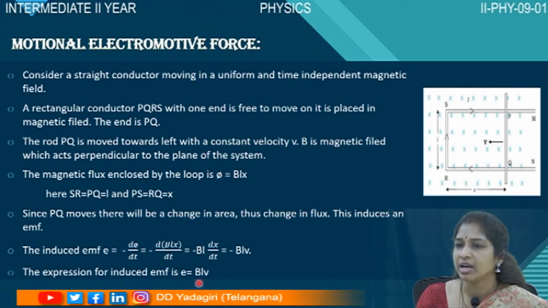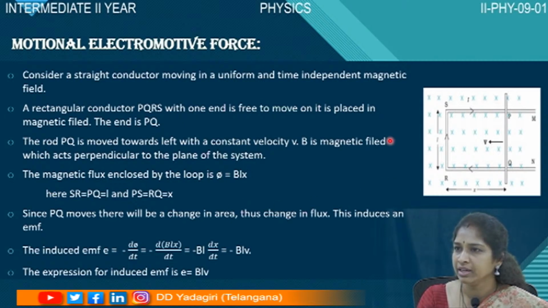So what is that EMF that is generated? We are going to find out. First, what is flux? When the rectangular conductor PQ, the movable conductor, is here, the area is L into X. The maximum flux is B into A, so B into LX. So the flux is BLX.